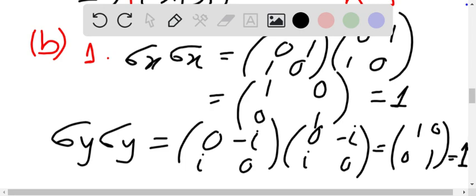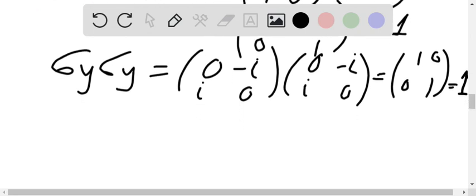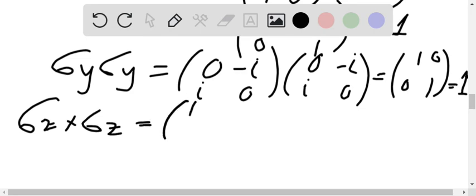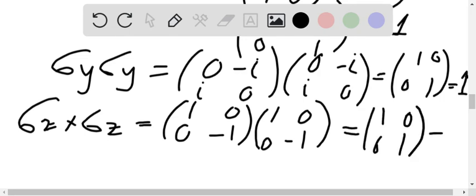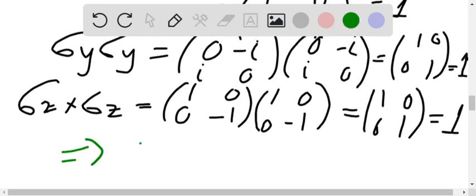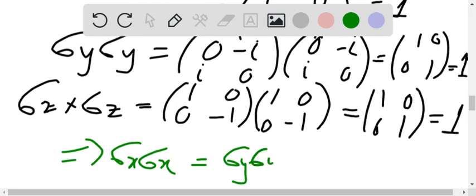This is equal to 1. Lastly, we have sigma z times sigma z. So this is equal to [1, 0; 0, -1] times [1, 0; 0, -1], and this is equal to [1, 0; 0, 1]. This is equal to 1. So from here we can conclude that sigma x times sigma x is equal to sigma y times sigma y, that is equal to sigma z times sigma z.